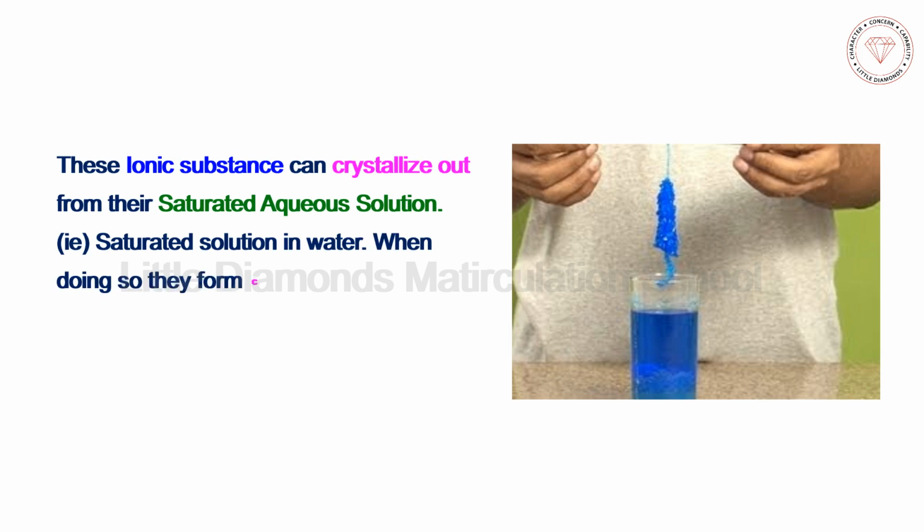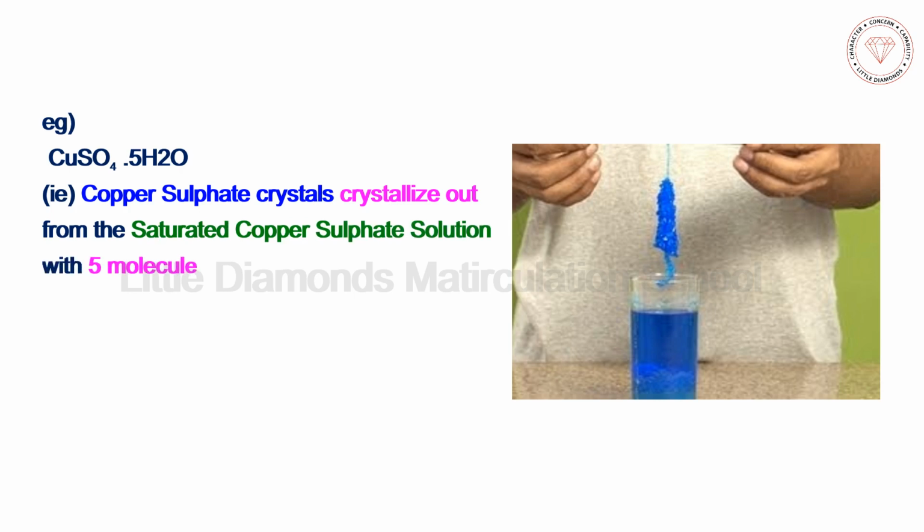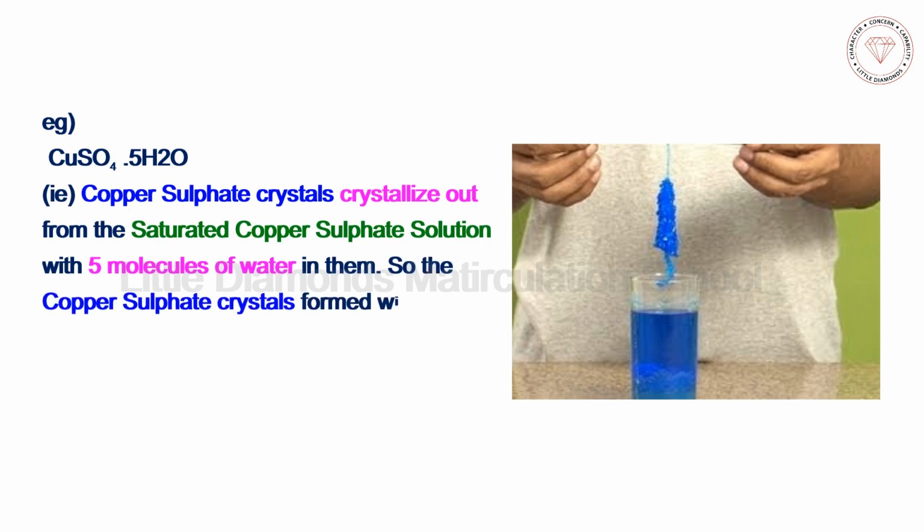When doing so, they form crystals with a definite number of water molecules in them. Example, CuSO4·5H2O. That is, copper sulfate crystals crystallize out from the saturated copper sulfate solution with 5 molecules of water in them. So, the copper sulfate crystals formed will have 5 water molecules.